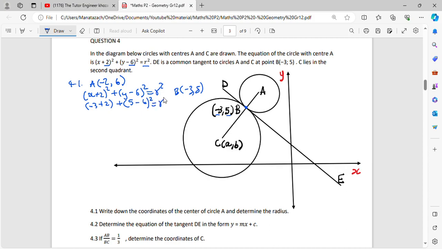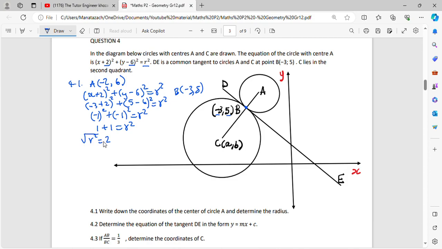Squared is equal to r squared. Remember that here is (-3 + 2) squared, which is -1 squared, plus (5 - 6) squared, which is -1 squared, equal to r squared. 1 plus 1, that means r squared is 2.